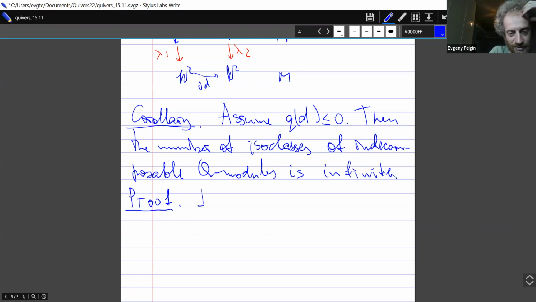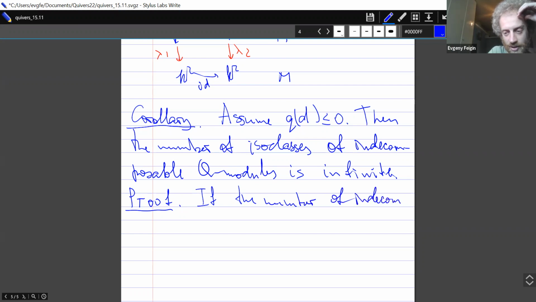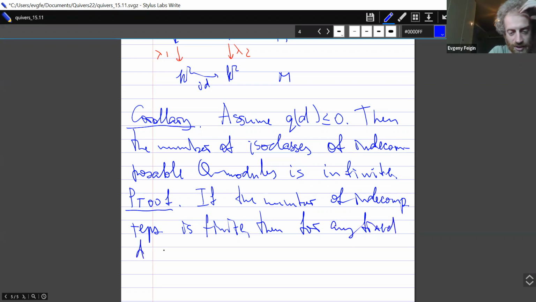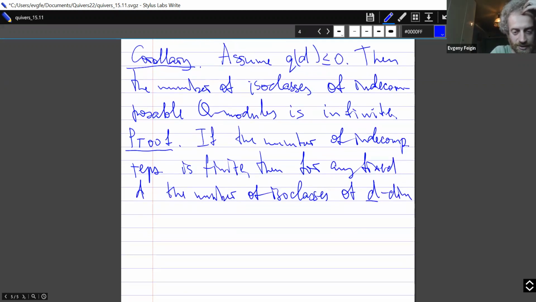And so if the number of indecomposable representations is finite, then for any fixed D, the number of isoclasses of D-dimensional representations is finite as well.